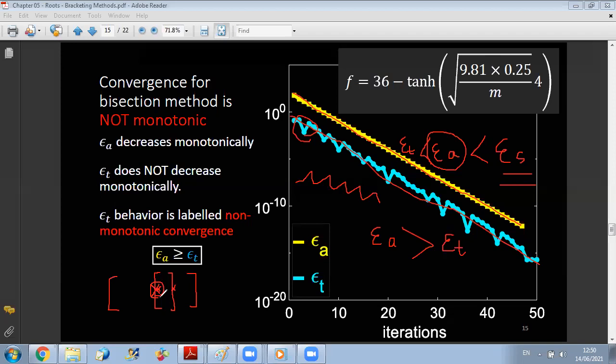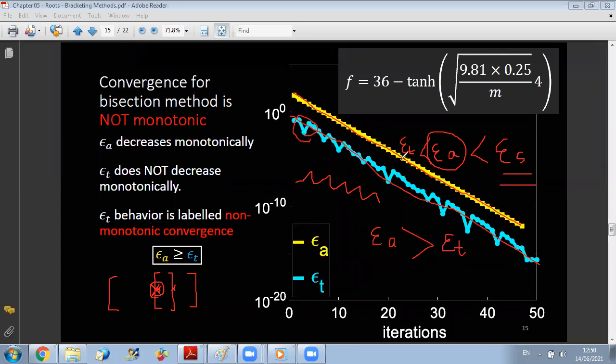It can be at the middle of the bracket, then you can be very close to the root, but in the next iteration, it will be farther from the center, so it will give you a little bit larger true error. But if you observe the general trend, in general, it will be decreasing.